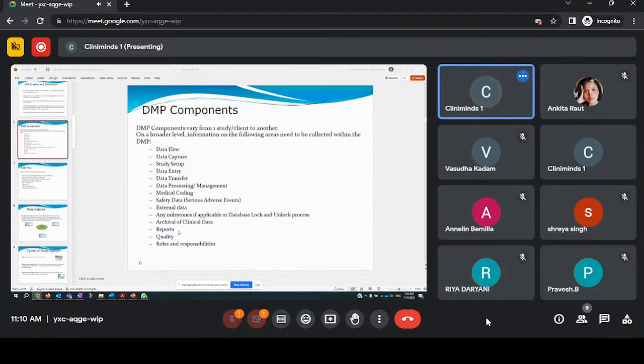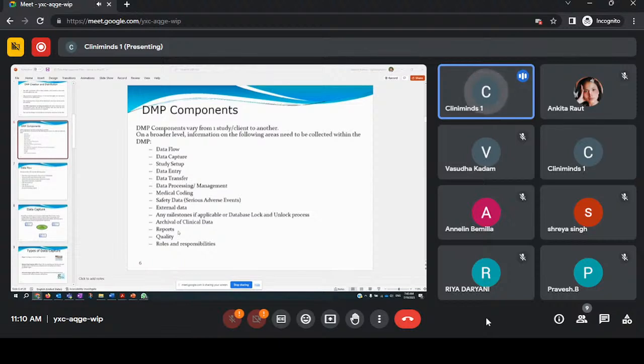They want to see the status, like for example, how many patients are enrolled, how many patients are screen fail, how many patients have been randomized and treated, right? And then what is the status of coding, what is the status of data cleaning, how many queries are there, how many total queries, open queries, answered queries, actioned queries. If there are any queries which are pending for a long time, do we need to follow up, right?